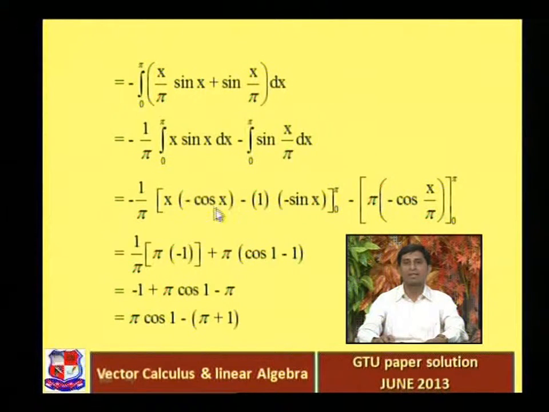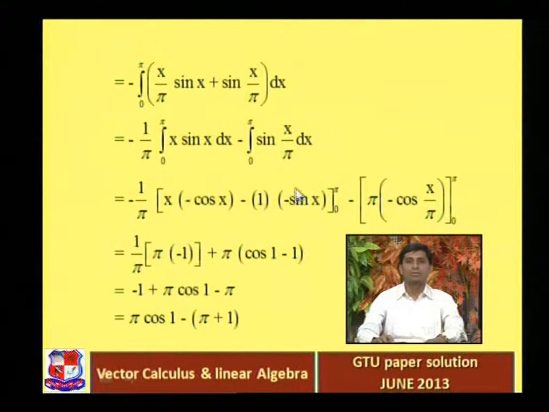Pi into minus cos pi. Cos pi is minus 1, so we get 1 upon pi, this minus 1, and this is also minus 1, so we get pi into minus 1.